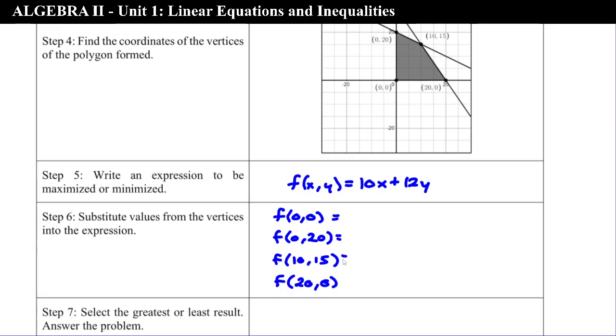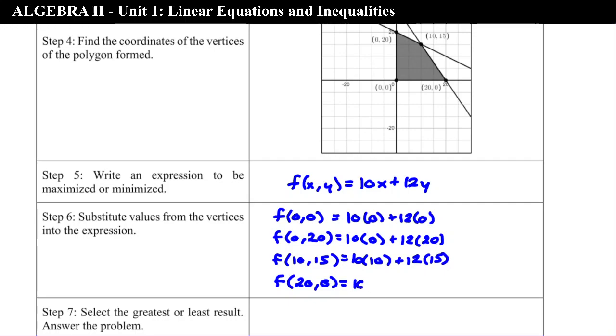All right, from here, we're just plugging in 10 times 0 plus 12 times 0. 10 times 0 plus 12 times 20. 10 times 10 plus 12 times 15.